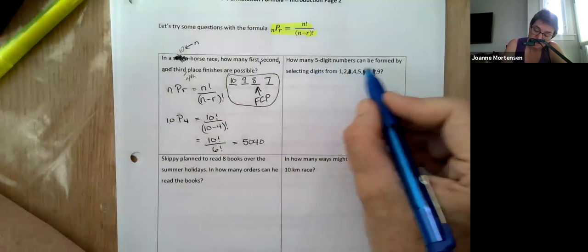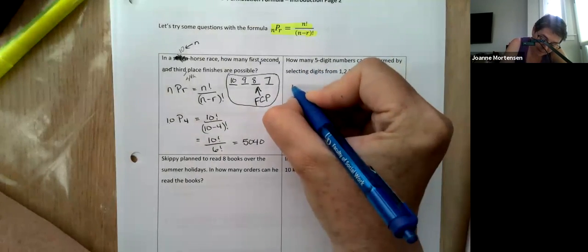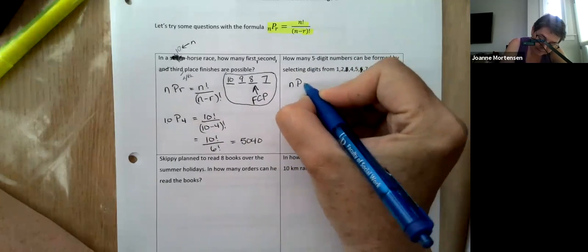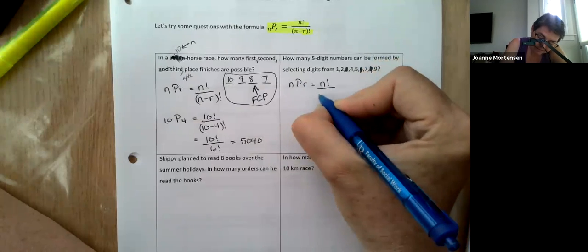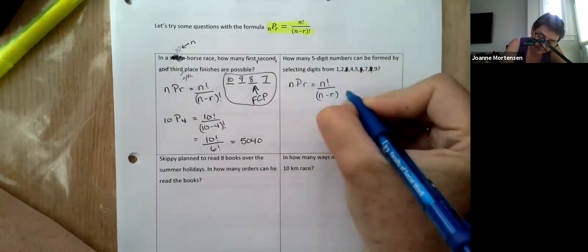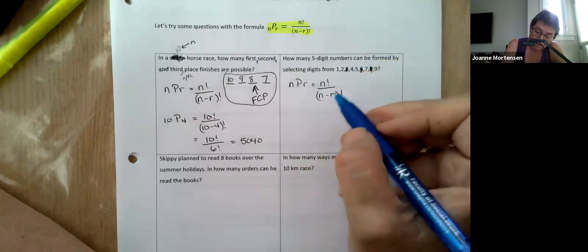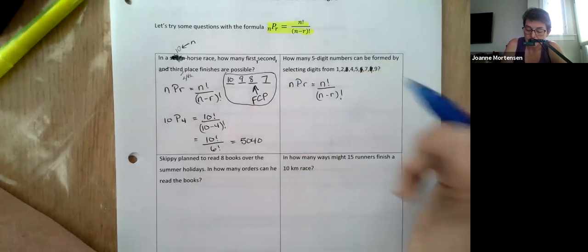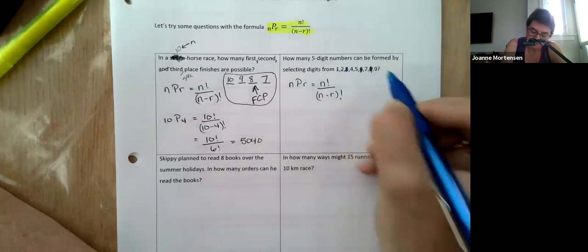So how many 5-digit numbers can be formed by selecting digits from that? So formula first. So how many things do we have to choose from? There are 1, 2, 3, 4, 5, 6.